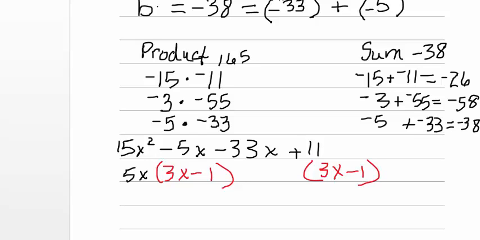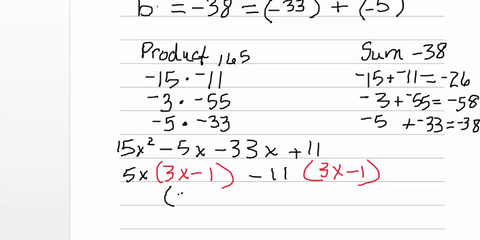Let's see what that GCF is. 3x multiplies by a negative 11 to give negative 33x, the third term. And negative 11 times negative 1 does multiply to give me plus 11, the fourth term.